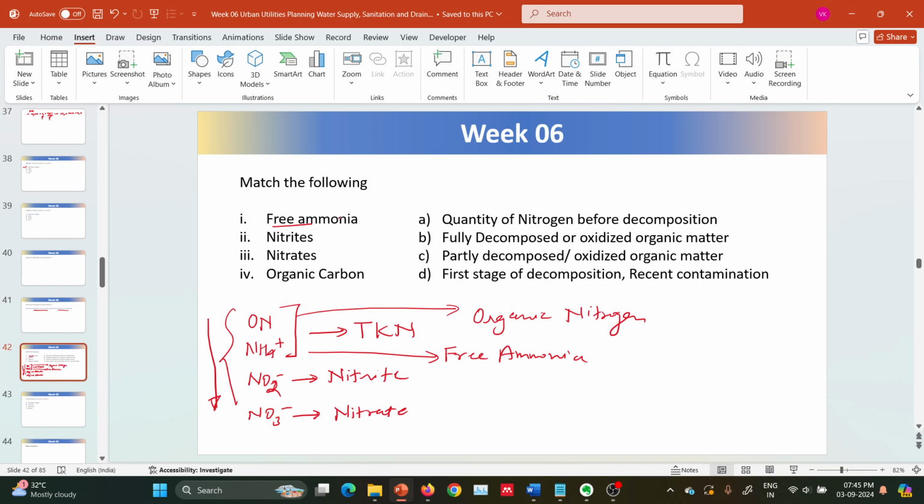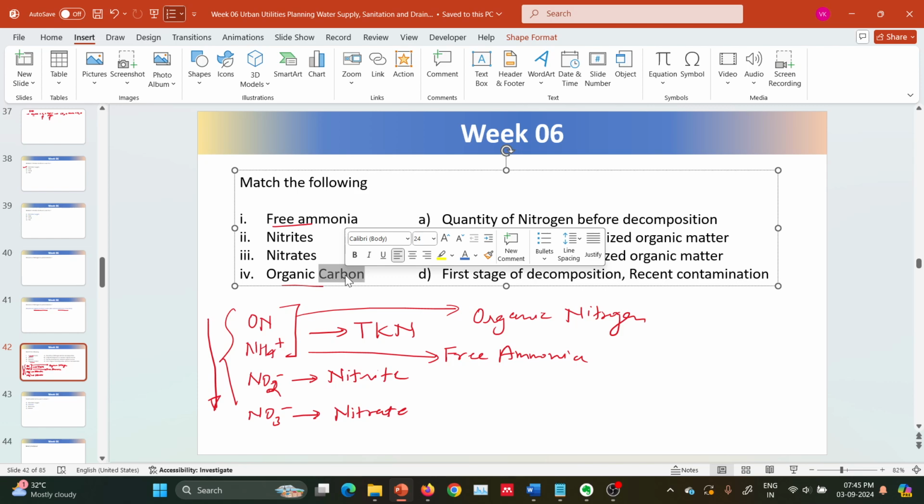So free ammonia, nitrates, organic nitrogen. Yeah, it's organic nitrogen. So nitrates. If you get the nitrates, let's take one more example.